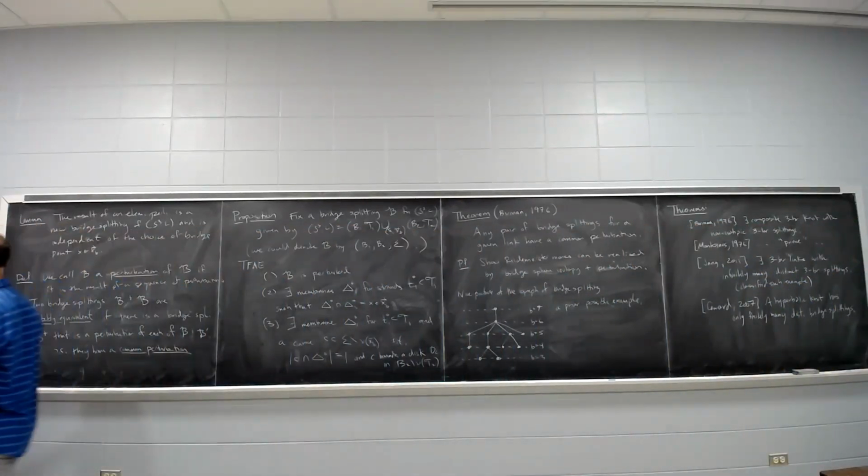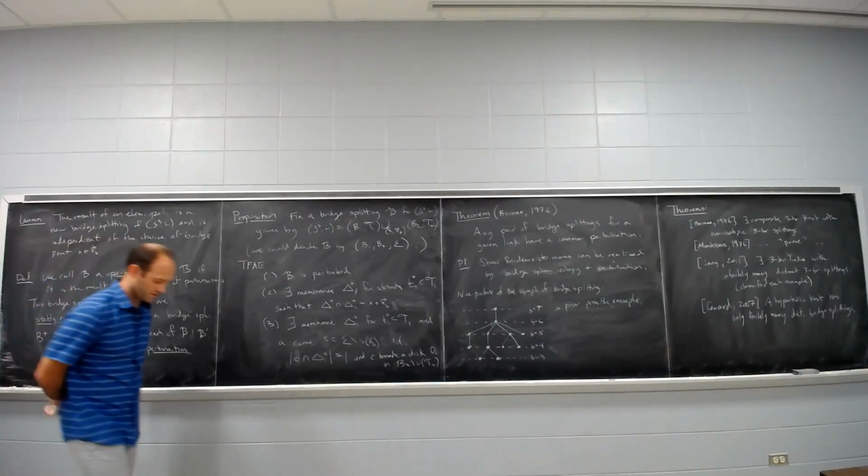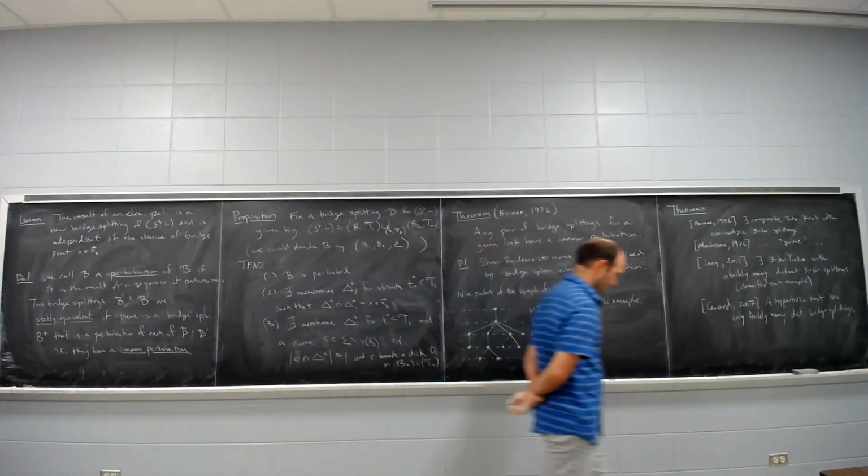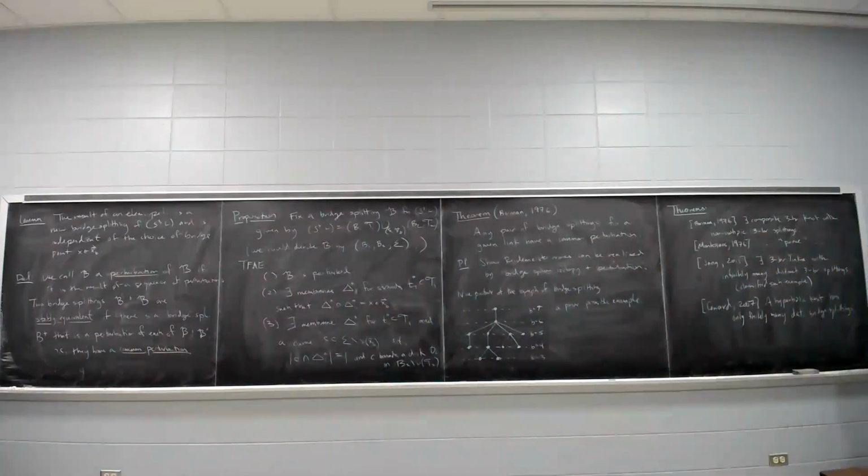I don't know, I didn't clarify that in my notes. What did he say? Well, I guess it wouldn't really make sense to say all together, because you can be stabilizing. Yeah, so I'm guessing the result is that there are finitely many at each level. That's right, at each level.